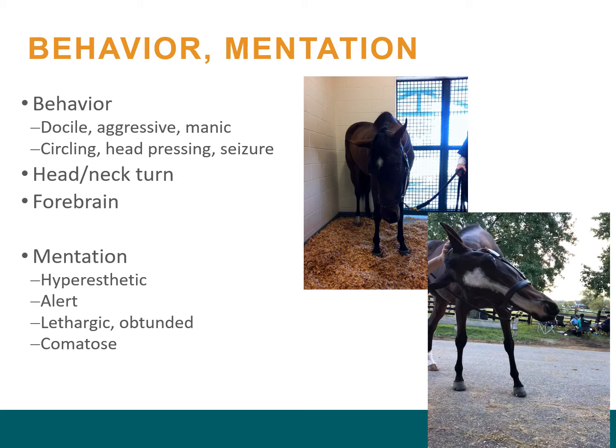Appropriate would be alert, so they're alert to their surroundings, then moving into being lethargic, obtunded, or comatose if they're not responding appropriately to their surroundings. That's mentation, and that actually comes from the reticular activating system, which is getting into the brainstem. So if we can really try and discern behavior changes versus mentation changes, then we can start to localize: is this forebrain disease, or are we starting to move into brainstem disease?